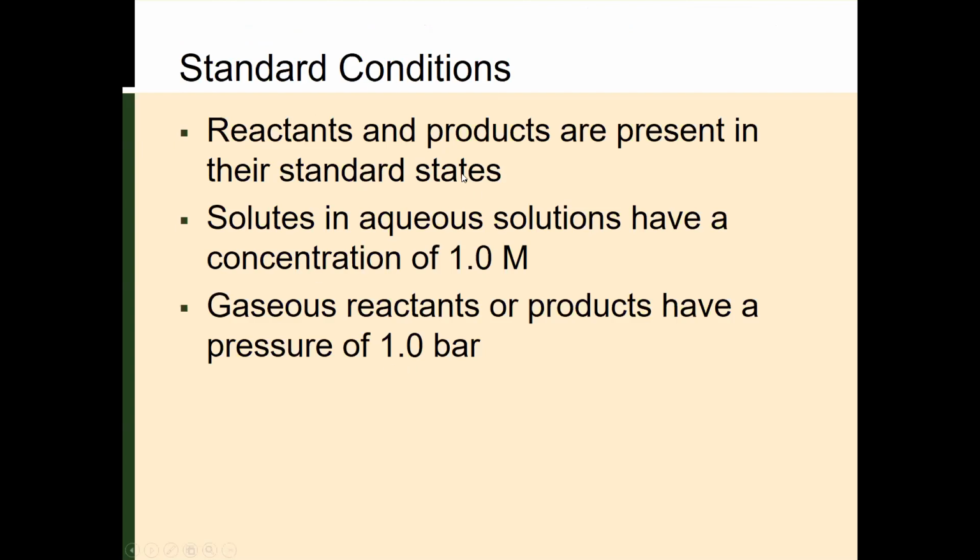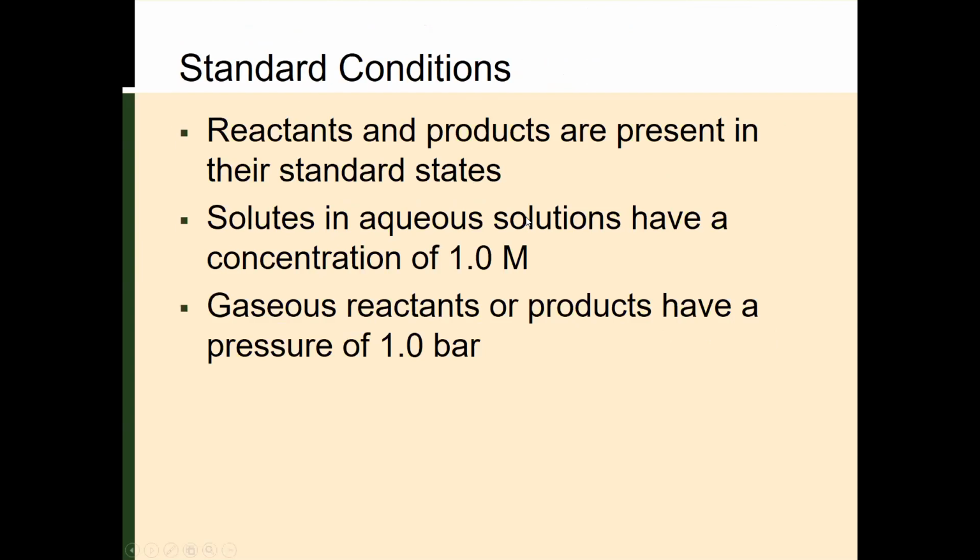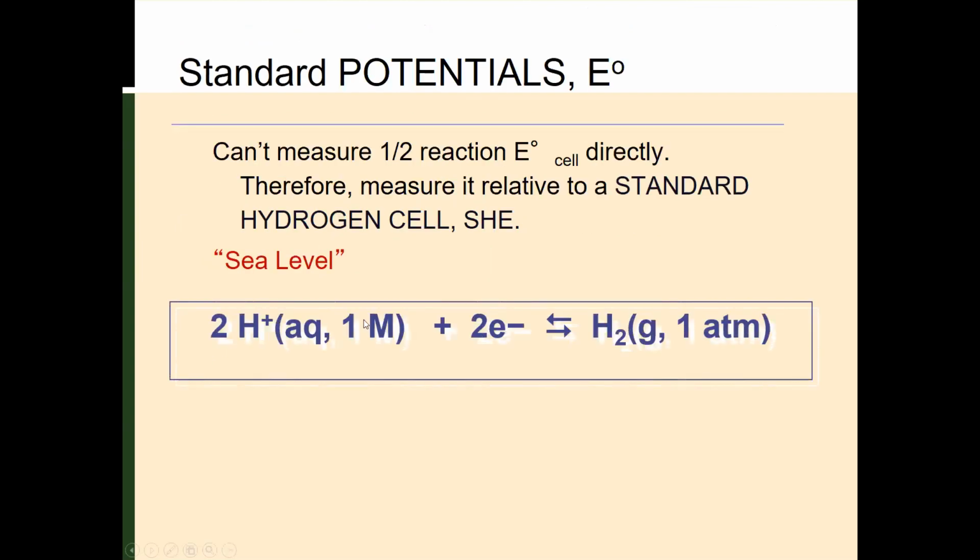Okay. Standard conditions are those listed here. Standard potentials are measured against a hydrogen electrode, also known as the standard hydrogen electrode. Okay, this is our standard hydrogen electrode. Its standard cell potential is 0 volts.